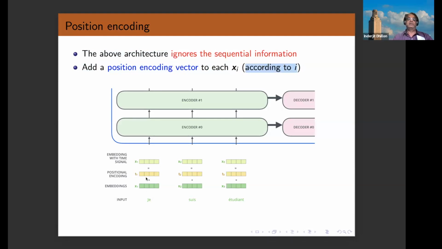So you have the embedding without the position signal, and the embedding with the position signal is basically you add this position embedding vector for each position. This is the embedding for the first word in the sentence, this is the embedding for the second word, and this is the embedding for the third word. The positional encoding is an important part of the transformer.